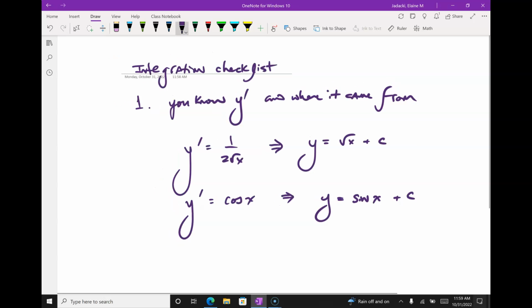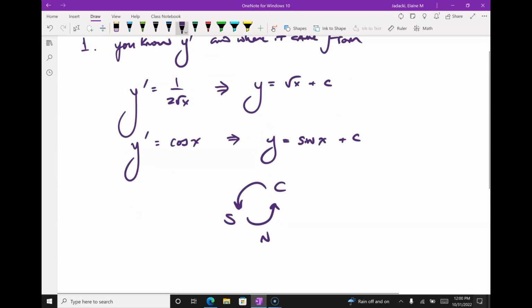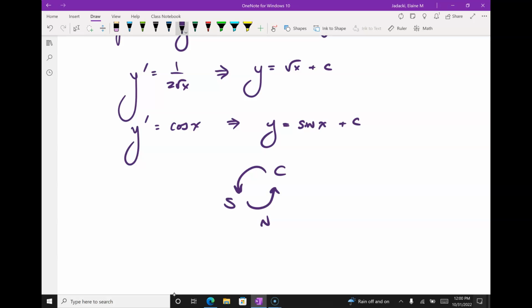And when you're doing these antiderivatives, you're moving the opposite direction around the circle, right? So if y prime is sine of x, what do you know about y? Negative cos, right? You see it moving that way around the circle?